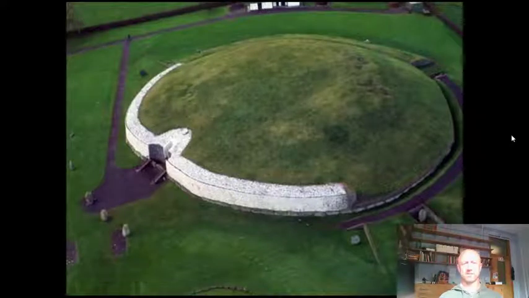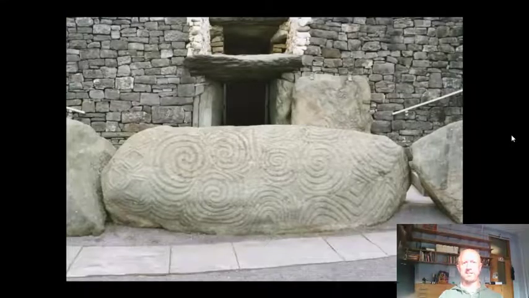So let's talk about the symbolic nature of these early tombs. Number one, at Newgrange, what we know is that tombs and burial rituals are maybe the most important aspect of creating clan ties to other people, and the fundamental starting point for all early religions, right?